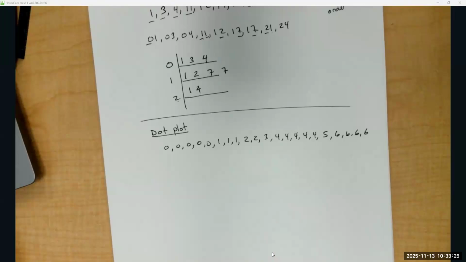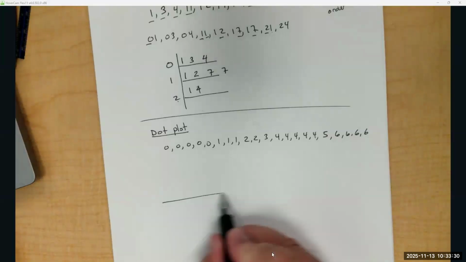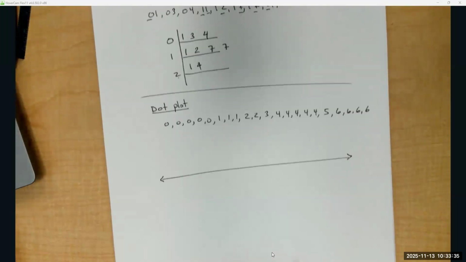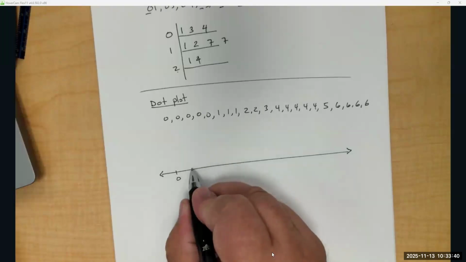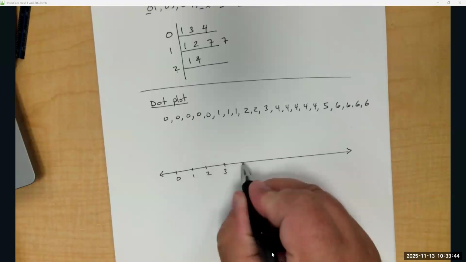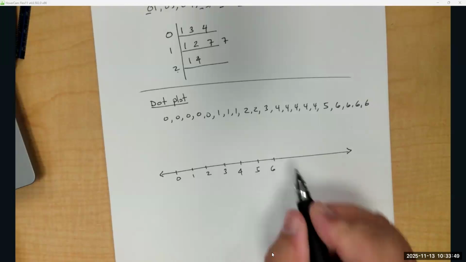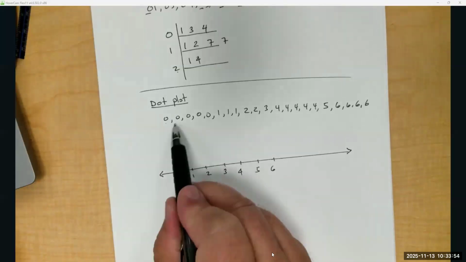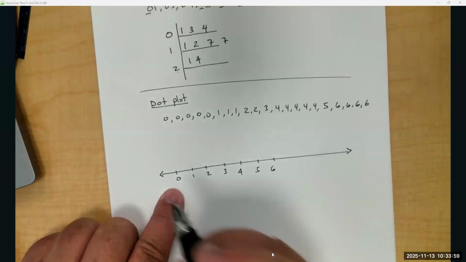Okay, we have to put it in increasing order. So on a number line or a horizontal grid, for each number that matches one of these numbers on this horizontal line, you simply put a dot.